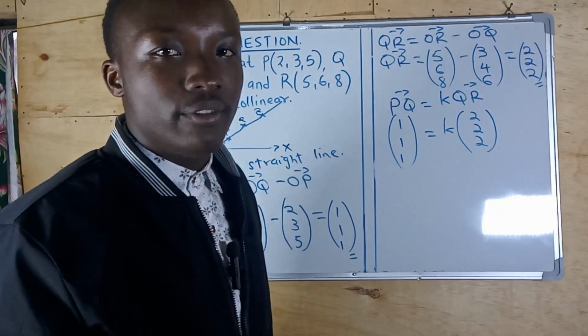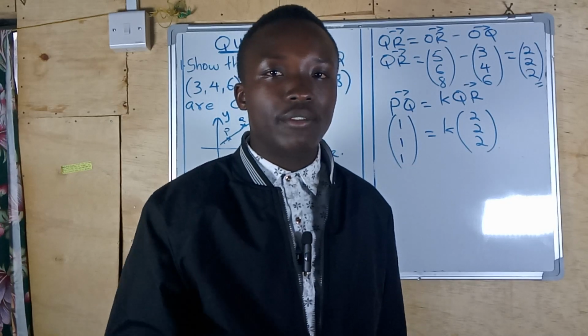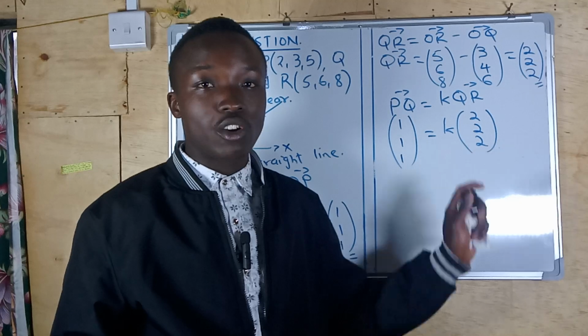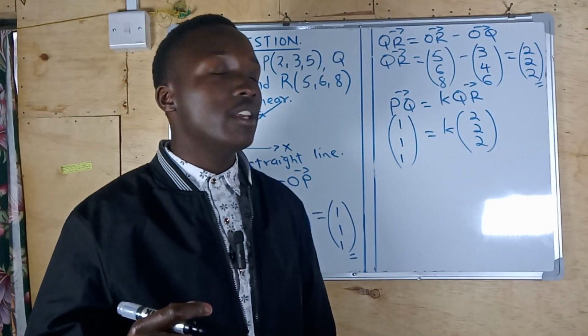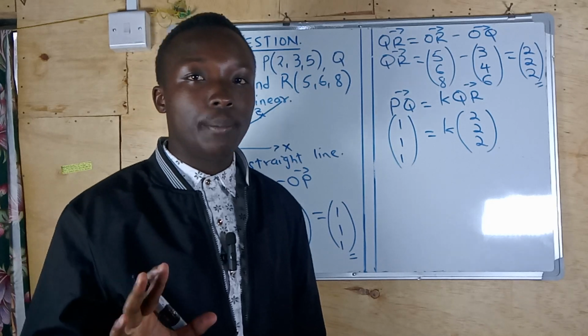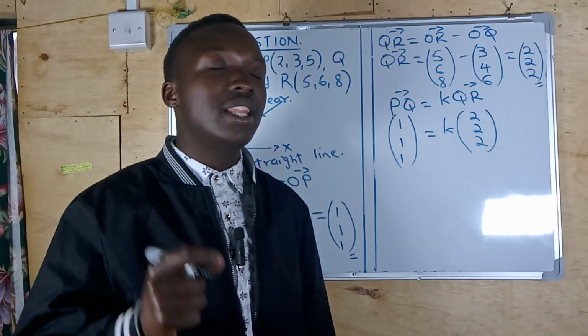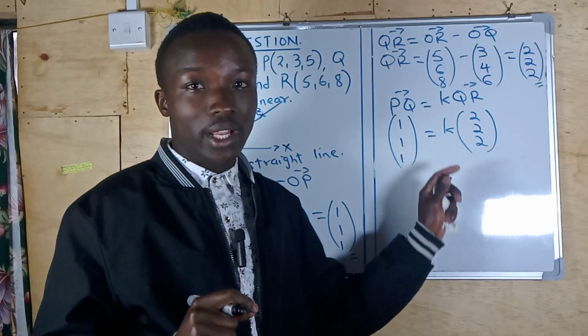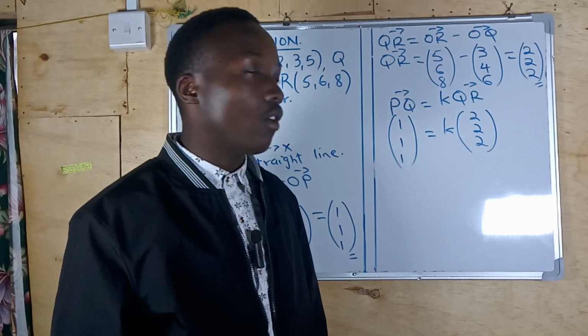Then we should determine the value of k. Upon determining it, we should get k as a constant. It should not change. If the values of k vary or change, that proves that the 3 points are not collinear. But if the value of k remains constant when we find the solution, that means that the 3 points are collinear.